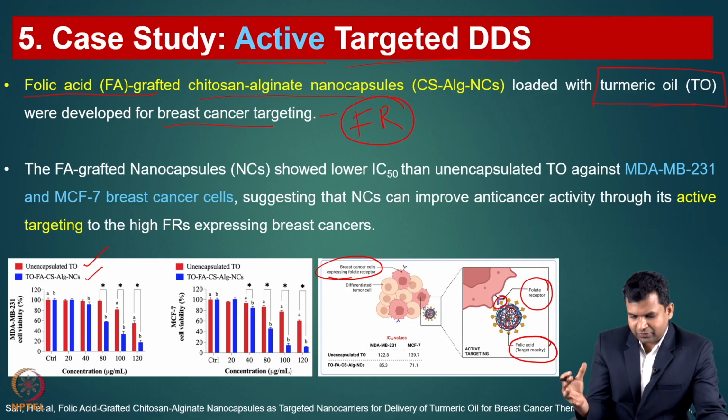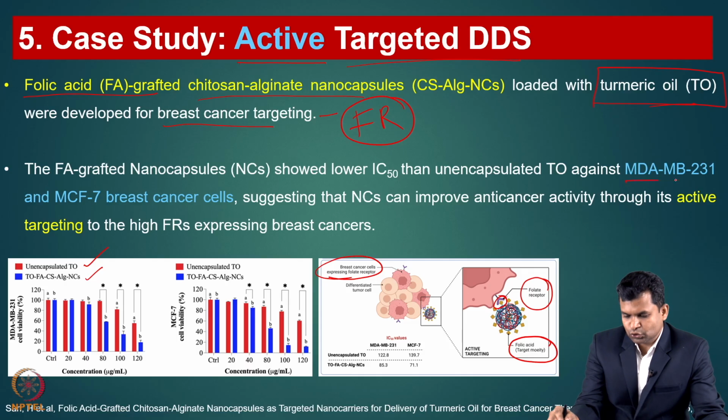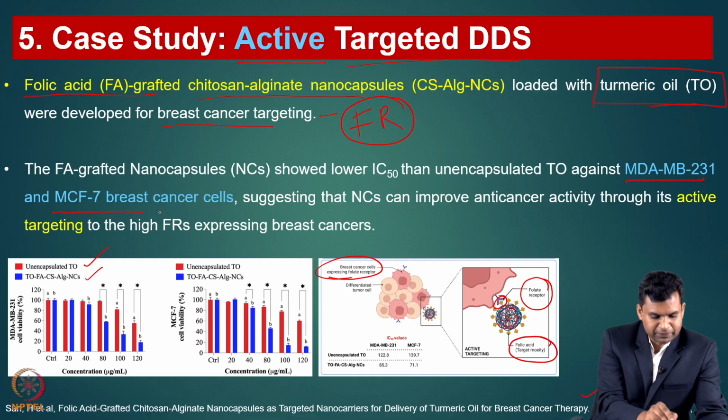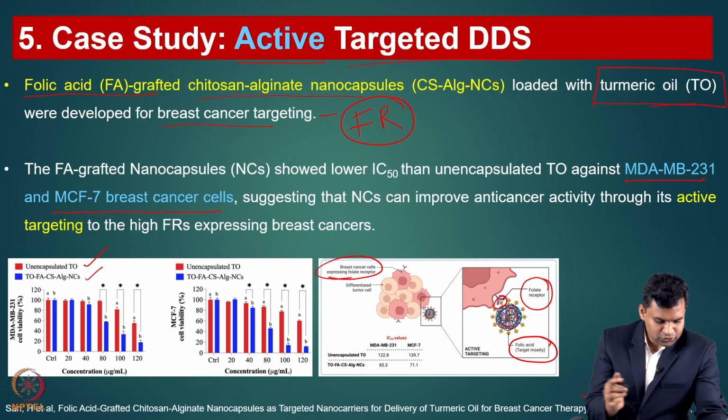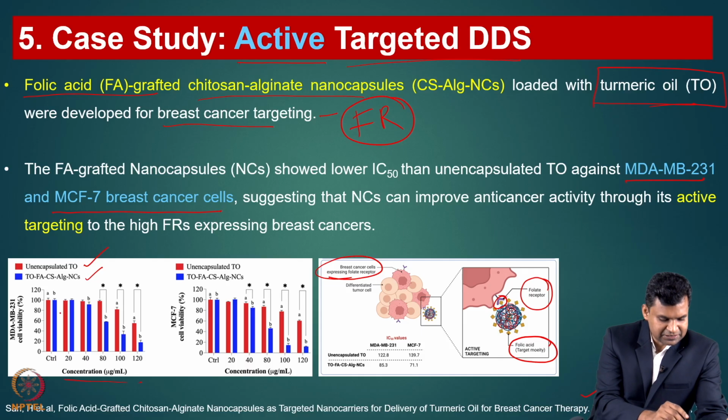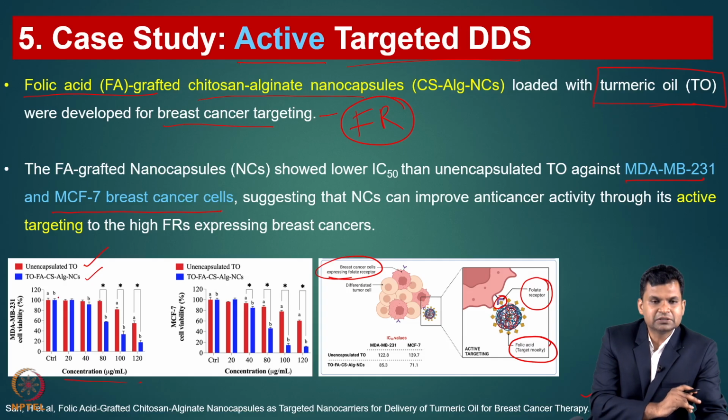Then they compared the anti-cancer activity on two different types of breast cancer cells. Here you can see the concentration. The red color indicates the unencapsulated turmeric oil and the blue represents the targeted one.